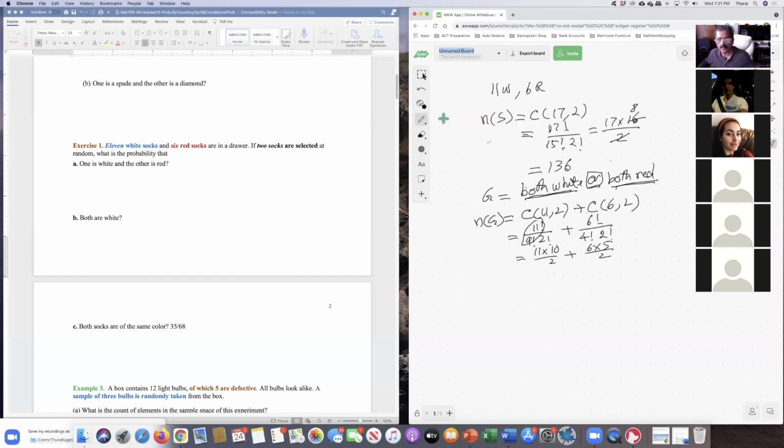Okay, so that's equal to, 2 divides the 10 into 5, so 55, plus 2 divides the 6 into 3, 15. Okay, so probability of G is 70 over 136.